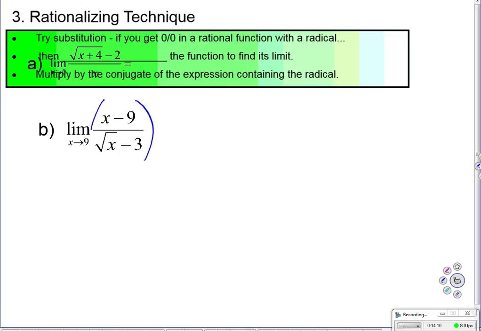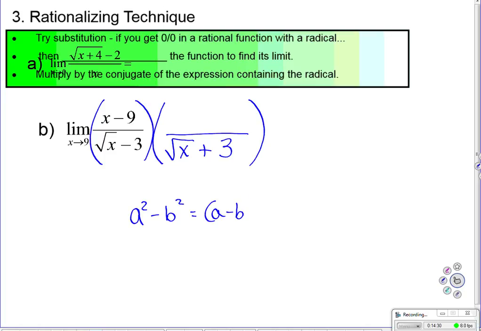Let's multiply by the radical. So square root of x, change this to a positive so that we're doing the opposite. What we're really generating here is a difference of squares. You know how we have a squared minus b squared? Turns out to be a minus b, a plus b is the factoring.